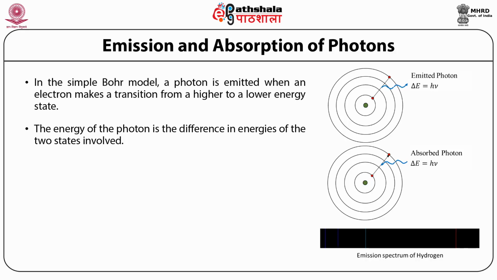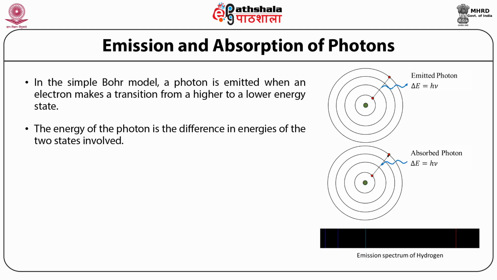If the electron absorbs a photon of energy exactly equal to the difference in the two energy levels, then the electron jumps from a lower energy level to a higher energy level.